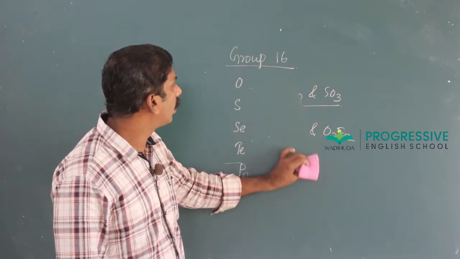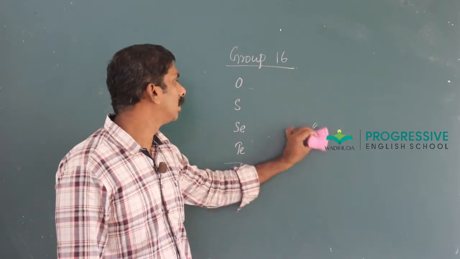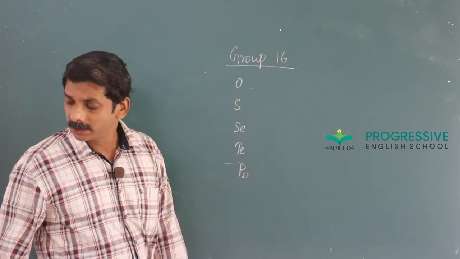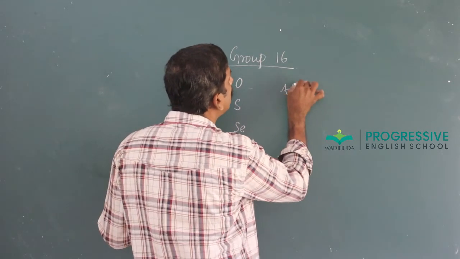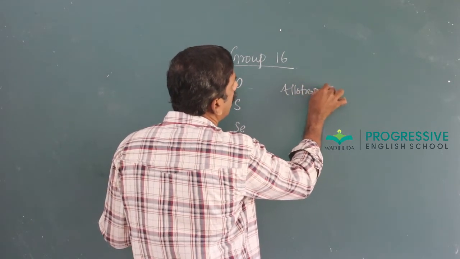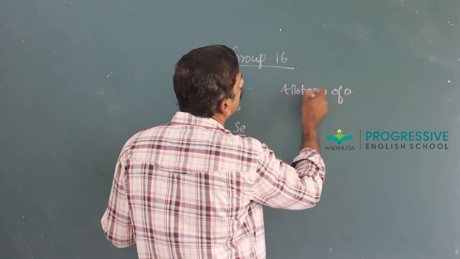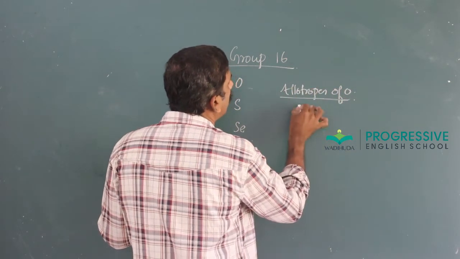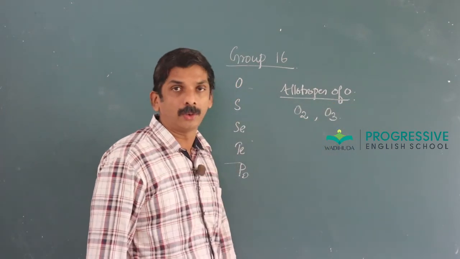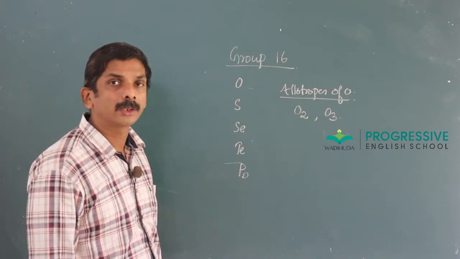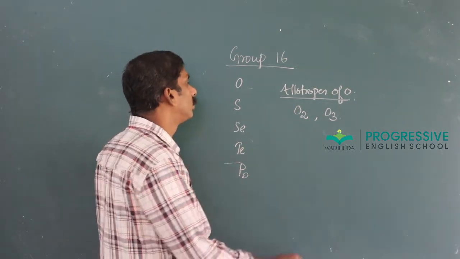As far as allotropic forms are concerned, oxygen and sulfur mainly form allotropes. Allotropes of oxygen are normal oxygen or dioxygen, and ozone.